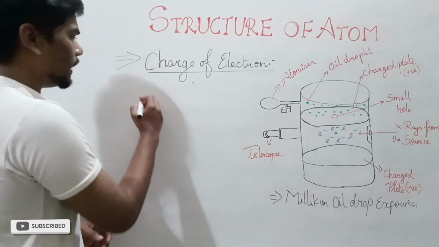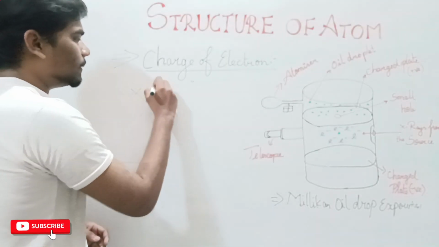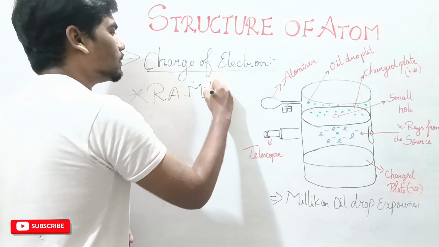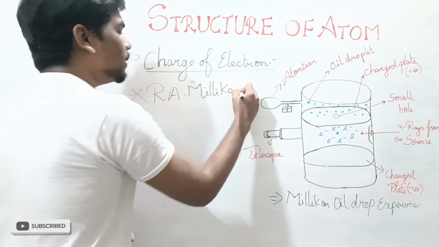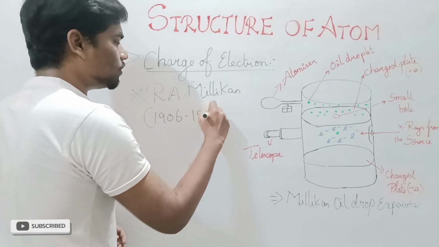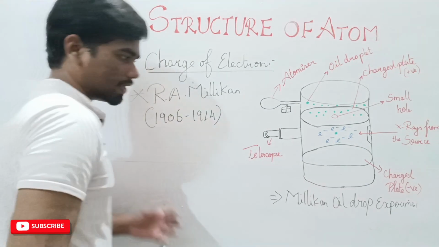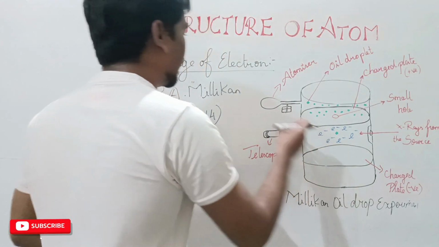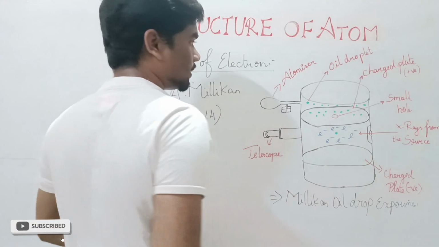The charge of the electron was determined by R.A. Millikan. During the years 1906 to 1914, he made various experiments and found out the charge of the electron. So this is the experimental setup.